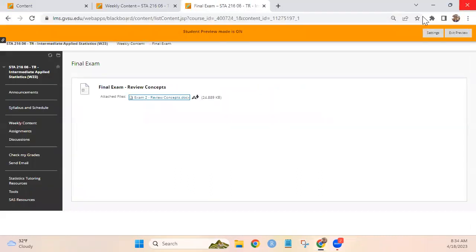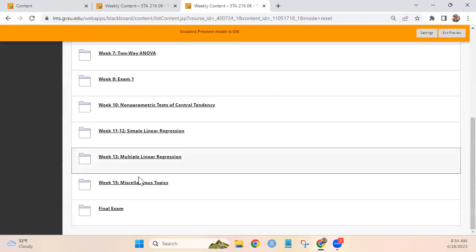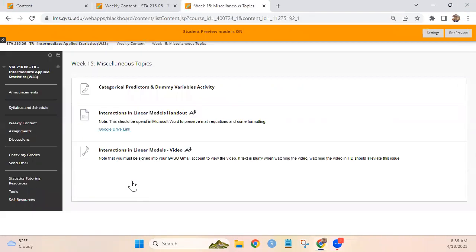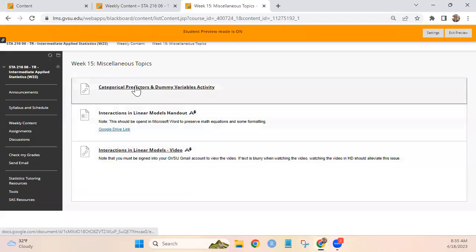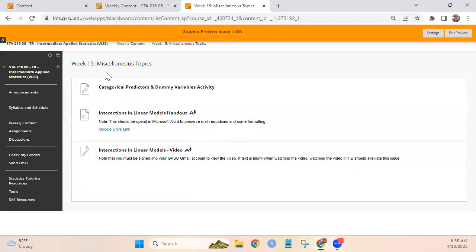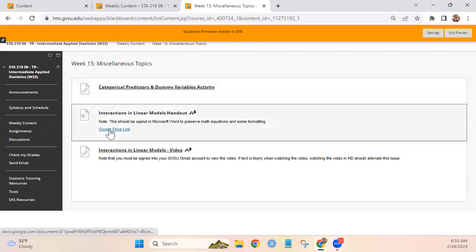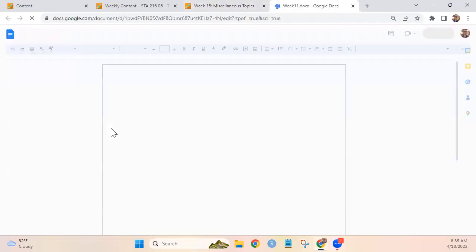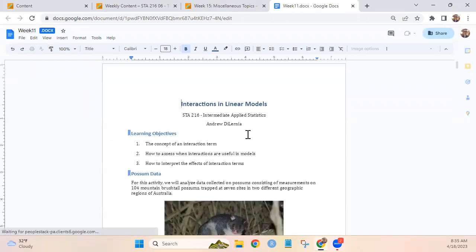Today we'll be talking about something that's not covered on the exam, categorical predictors and dummy variables. So under week 15, miscellaneous topics, sometimes we get to interactions in linear models. We didn't get to that this semester, and we're not going to, but if you're curious, I posted a handout from when I taught this class last summer.